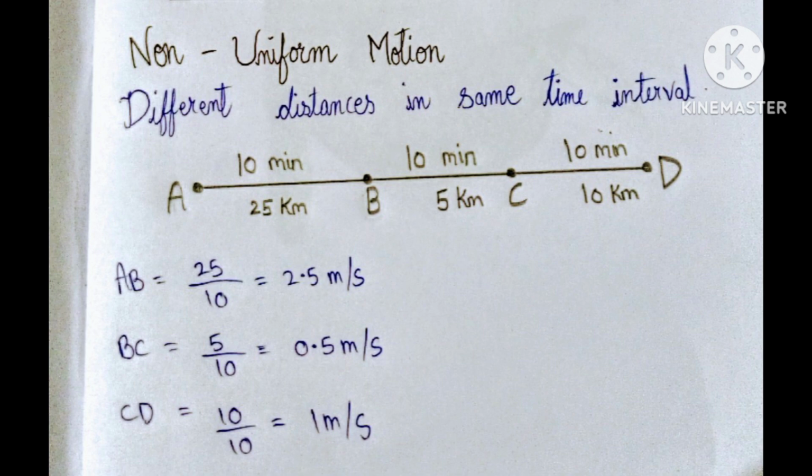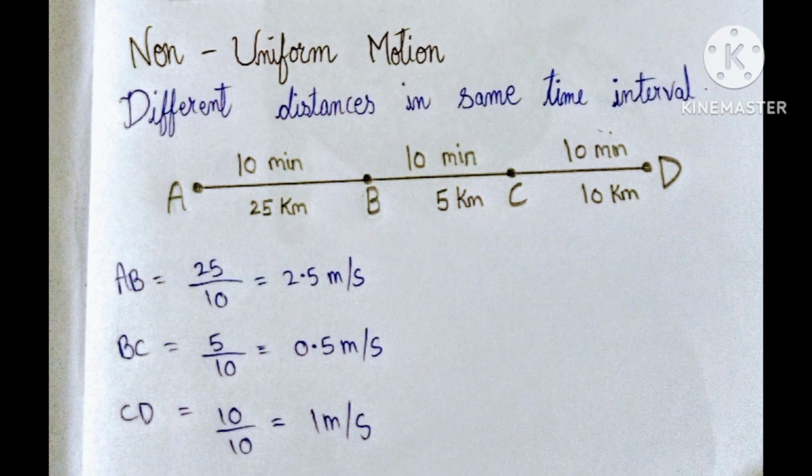Consider an object which is traveling from A to B. Distance is 25 km, then B to C 5 km, then C to D 10 km. Here the time is the same, 10 minutes each. To know the speed, take the formula: speed is equal to distance by time.